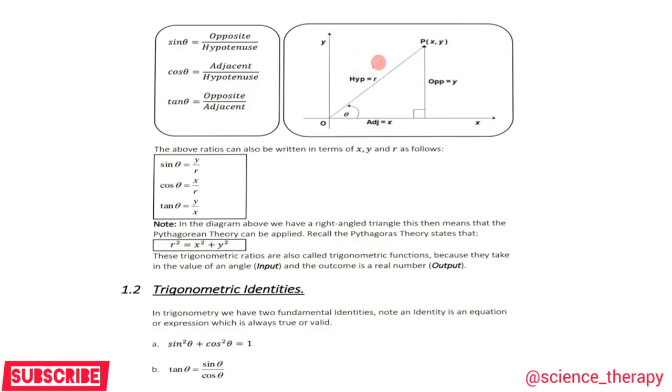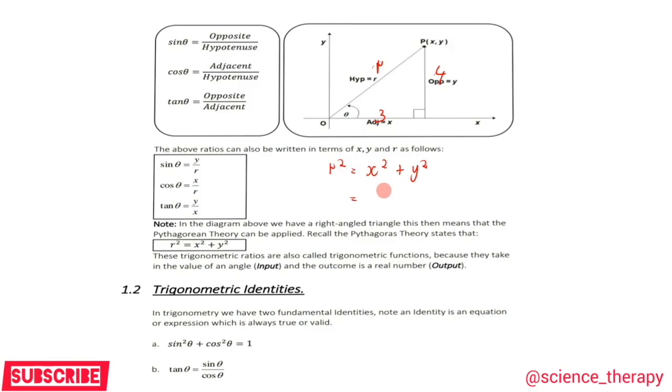So if we have our r here, which is an unknown, and our y is 4, and then our adjacent is 3, and we want to calculate this side, the hypotenuse, we can use our Pythagoras theorem, which we know all the way from grade 9. It goes as r squared is equal to x squared plus y squared, right?